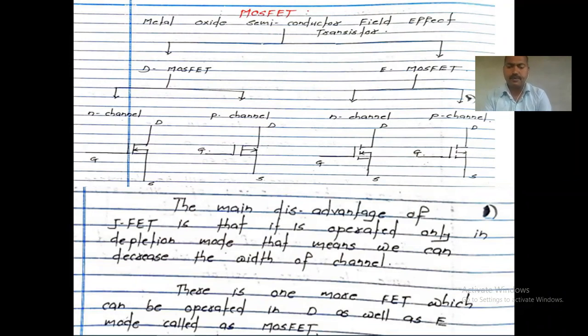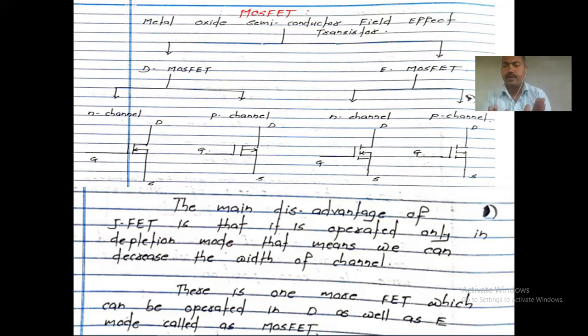So in case of MOSFET, things are somewhat different, right? It also has two types, either D MOSFET or E MOSFET, and accordingly there are changes. We know that JFET operates in D type mode. D type indicates depletion type mode.